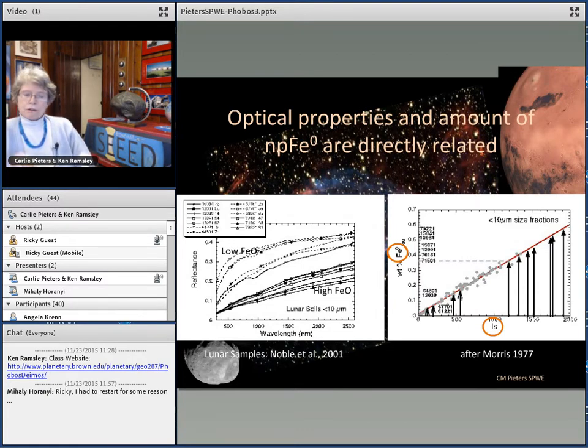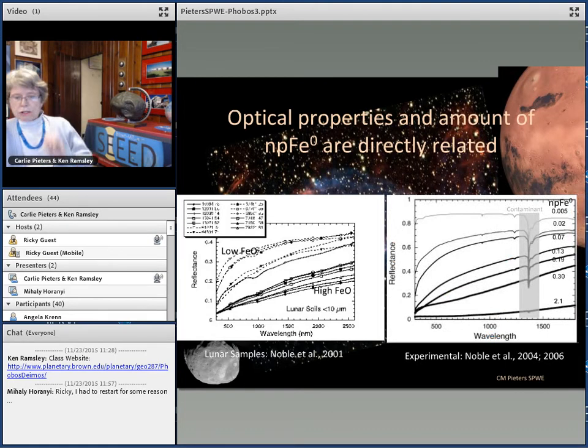And the more of these nanophase iron components that you have, the effect is directly linked to the properties of the nanophase iron. This is shown more closely here with some experiments that Sarah Noble did to create nanophase iron of a particular size and then to include different abundances of this nanophase iron in a transparent matrix.